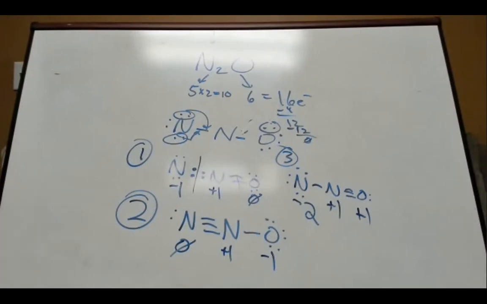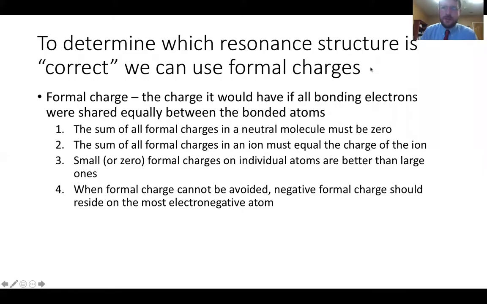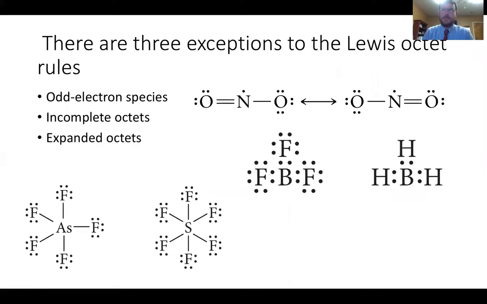The thing is that all 3 are found in nature. Obviously, number 2 will be found more often than number 1 and number 3. So that is resonance, right? That these electrons can move and can be shared a little bit differently than what we just posted on the board.